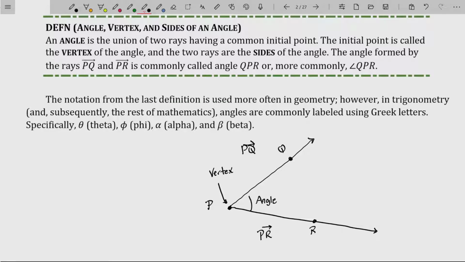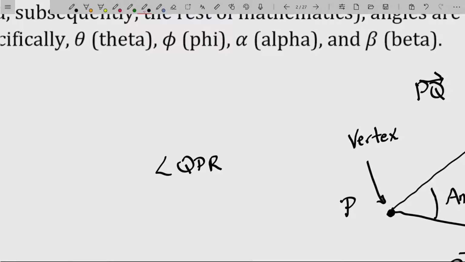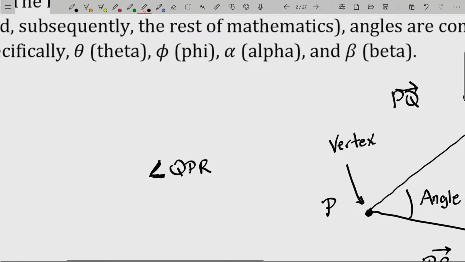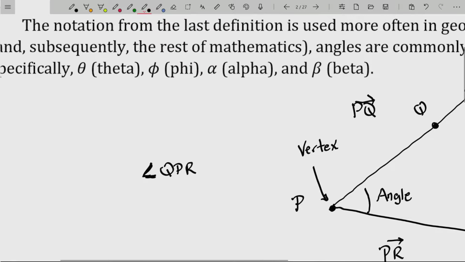The angle formed by the rays PQ and PR is commonly called the angle QPR, or QPR with the angle bar in front of it. The reason they use this angle bar right here is just to tell you that it is an angle. But the ordering on that is kind of important.